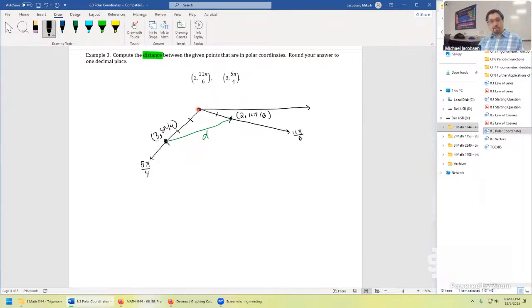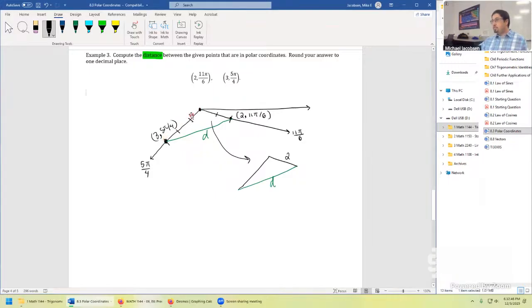So we can abstract away from this right here and turn it into just a triangle problem from section 8.2. Trying to make those segments proportional. Okay, so we want to find that distance d. The polar coordinates gave us the lengths. The distance from here to here is 2, so we can label a 2 here.